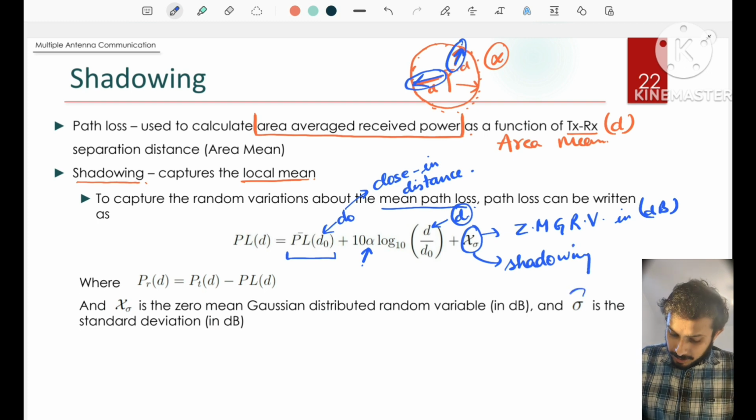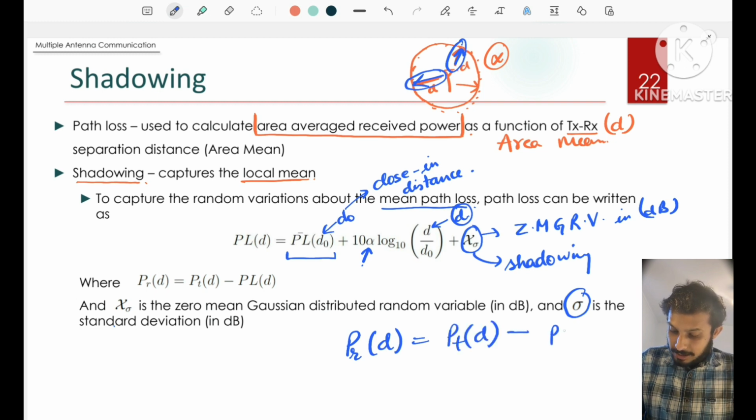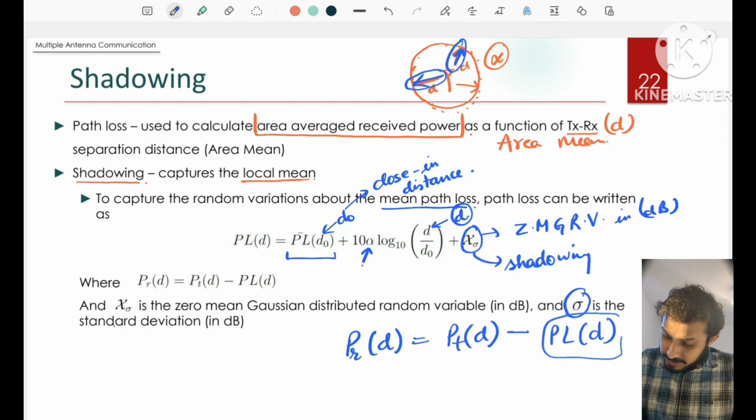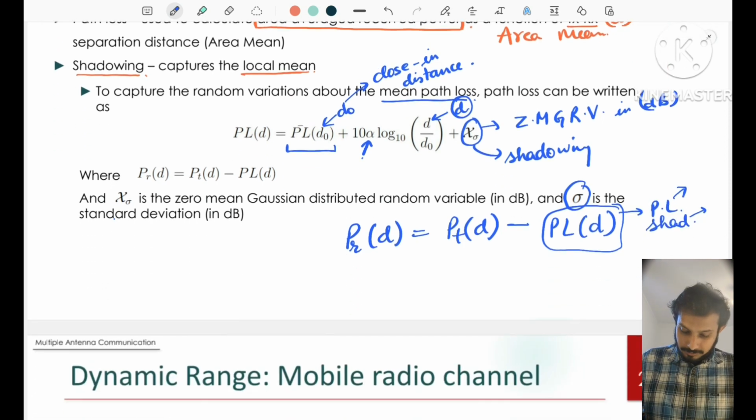And sigma is the standard deviation, also in dB. Then the received strength at a distance d is calculated by taking the transmit power minus the path loss at a distance d, and this path loss now takes into account both the path loss and shadowing, that is both the area mean and the local mean.